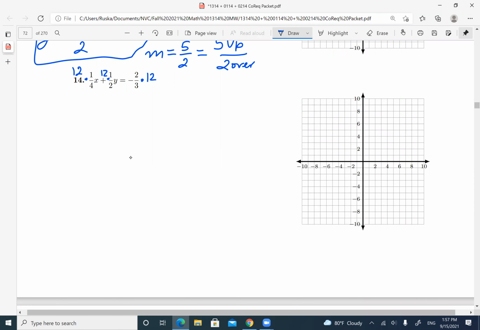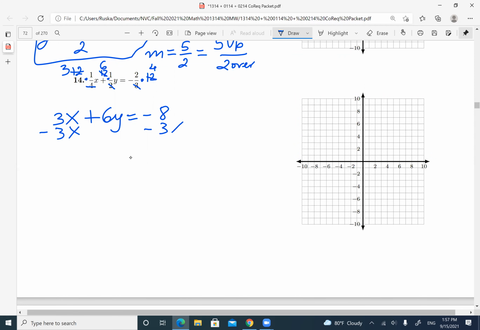Okay, so 12 divided by 4 is 3. 12 divided by 2 is 6. 12 divided by 3 is 4. So we have 3 times 1 is 3x plus 6y equals -8. You're going to subtract 3x.